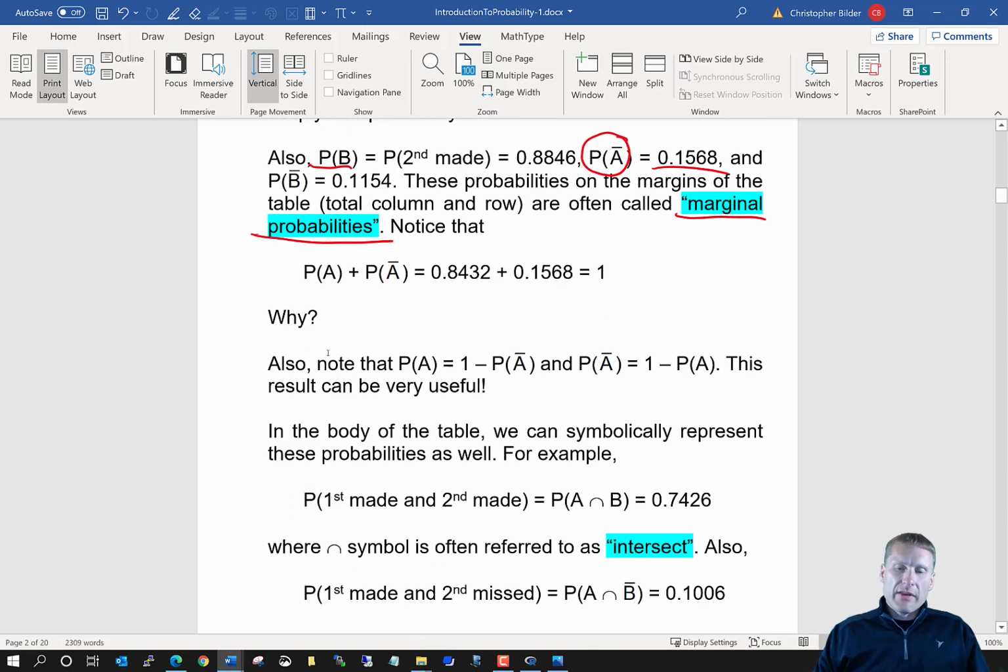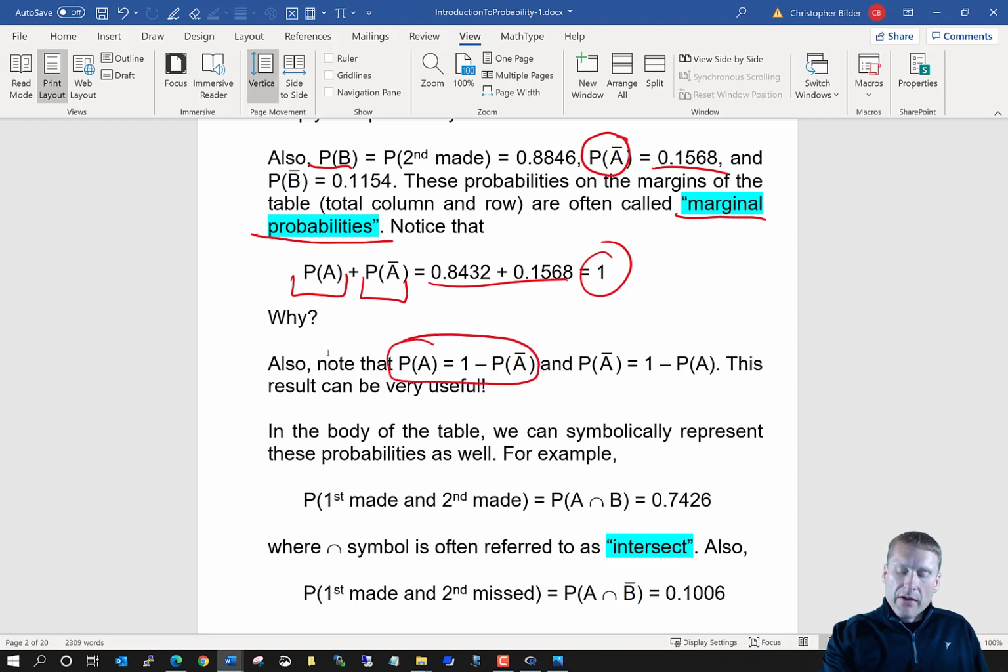Now what's interesting is that if we were to take the probability of A plus the probability of A bar, the opposite of A, look what we get. It sums to 1. You can do the same thing for the probability of B as well. And the reason why I point this out is that this leads to a nice expression that will come in handy to us.